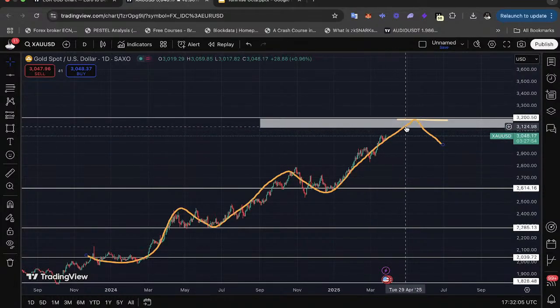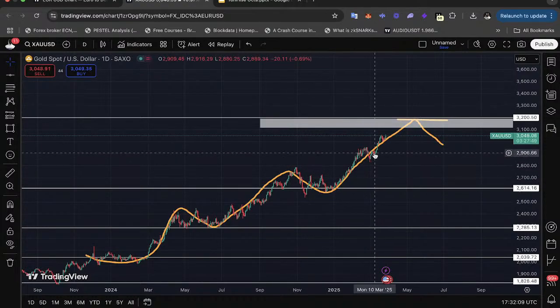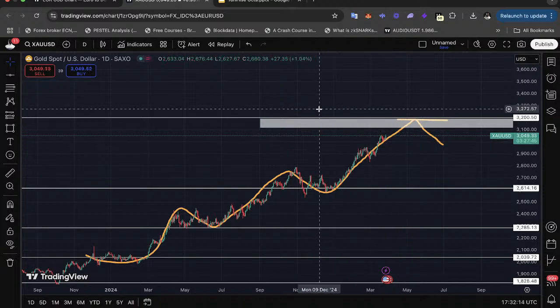So we are looking at price. Of course, there is a pullback already happened there, so price will touch this level before pulling back. So on gold, we are bullish on gold.